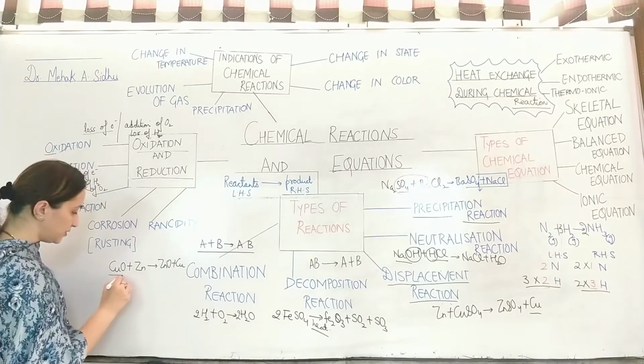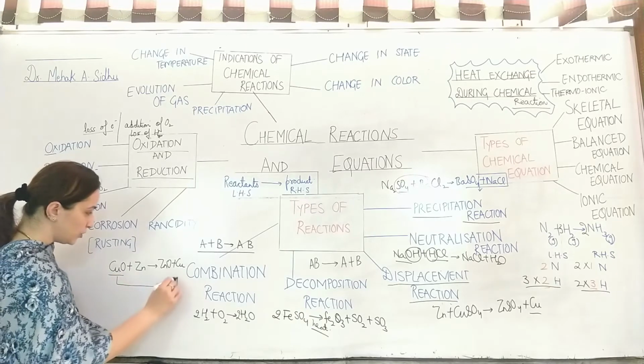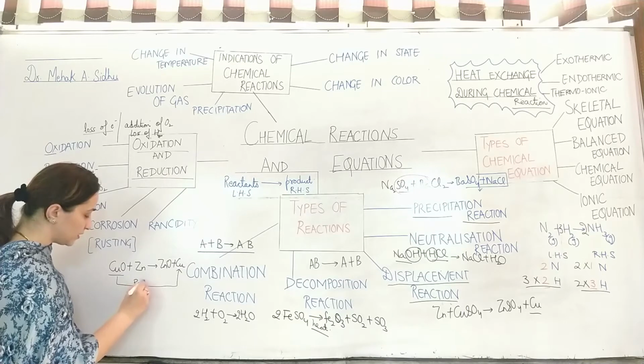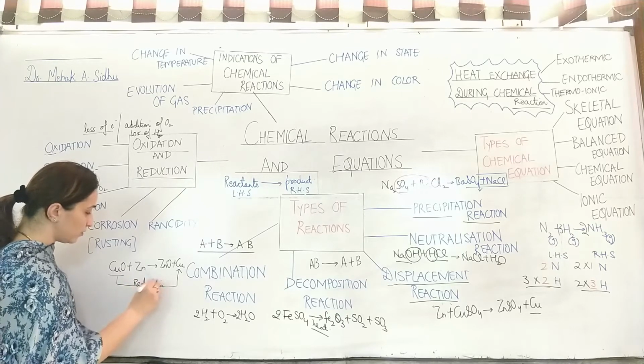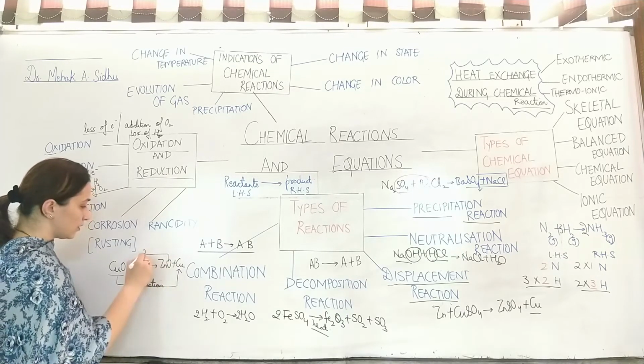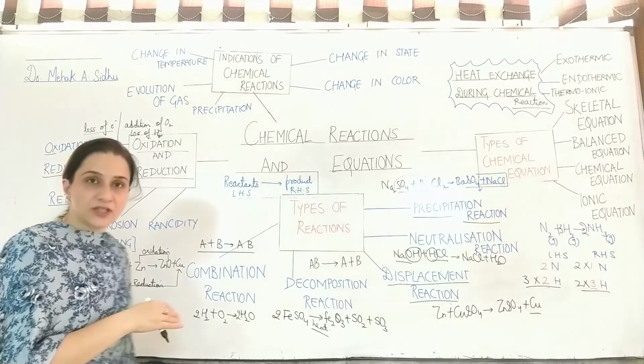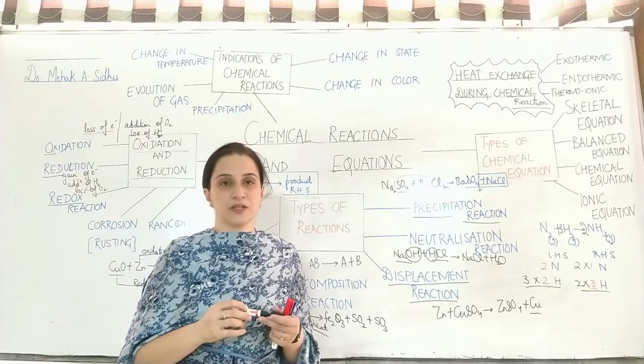From CuO, Cu is formed. That means loss of oxygen, that is reduction. But in case of zinc, addition of oxygen, that is oxidation. As it is happening in the same reaction, it is known as a redox reaction.